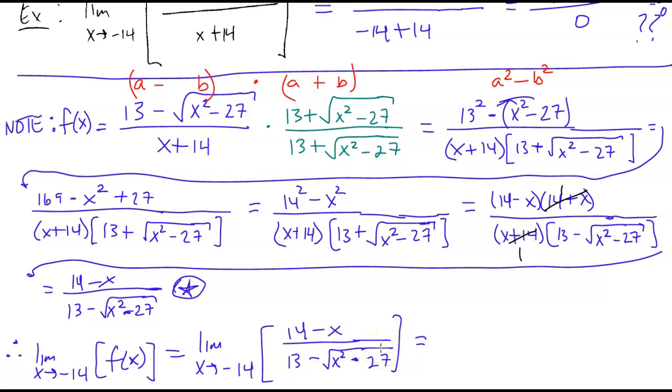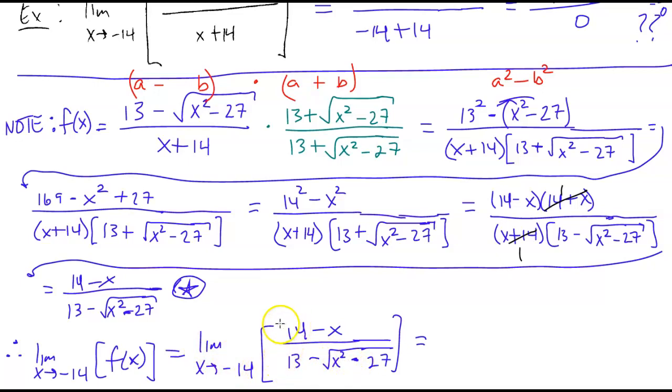And of course, now at this point, if we took the limit of the numerator and denominator separately, we would have the limit of 14 minus x as x approaches negative 14, and same thing in the denominator.